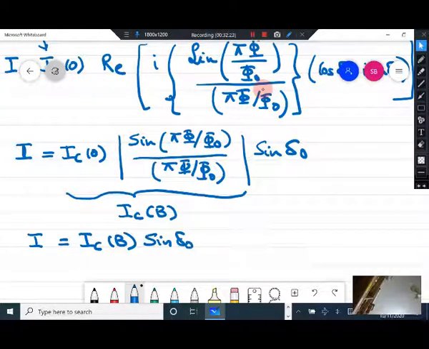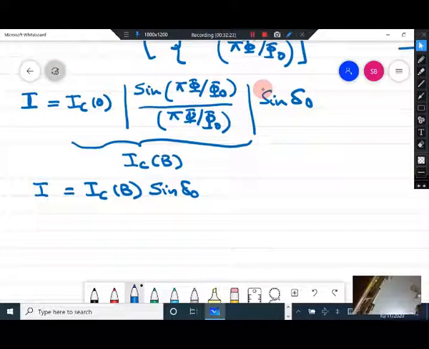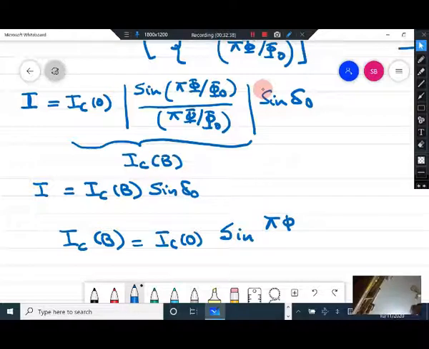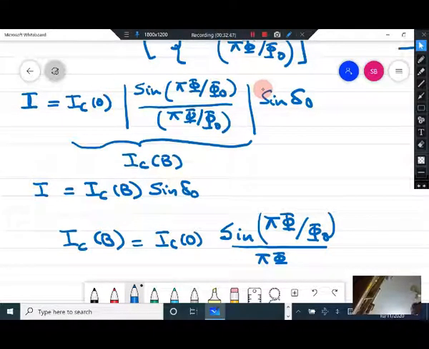This is like the Josephson junction relation that we have written here, but now we can see that the critical current of the junction now depends on the magnetic field, and I_CB is I_C0, the critical current of the junction in zero magnetic field, times sine of pi phi, the magnetic flux enclosed by the junction, divided by phi 0, divided by pi phi divided by phi 0.